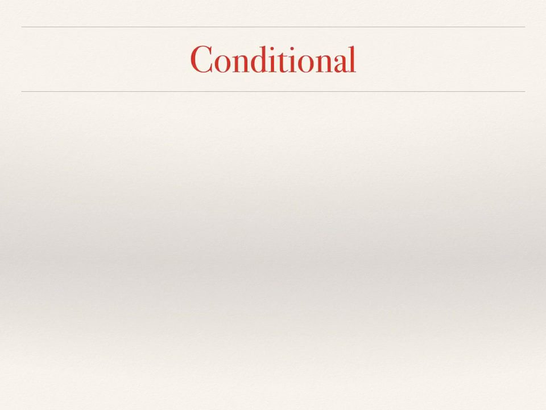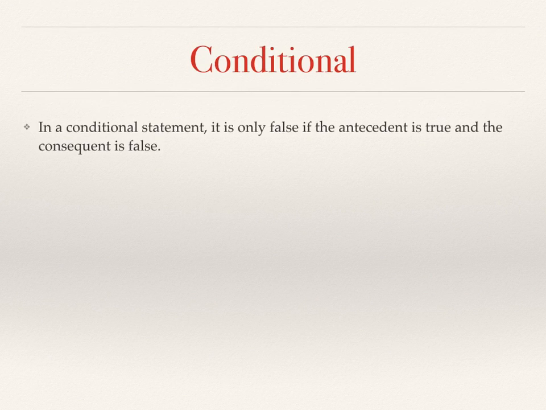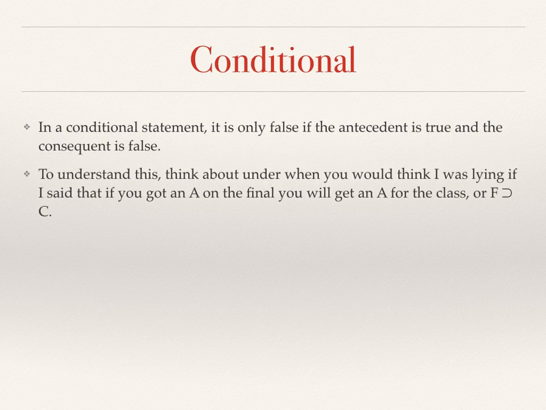Conditional. Remember, a conditional is only false if the antecedent is true and the consequent is false. In all other cases, the three other cases, it is true. Okay, this one seems a little non-intuitive, but let's understand it this way.